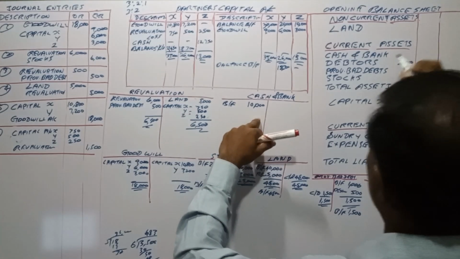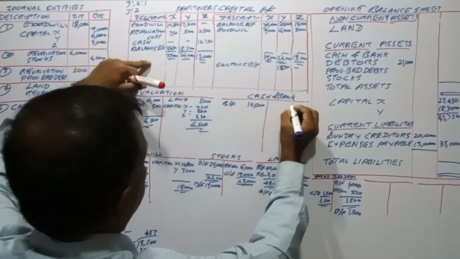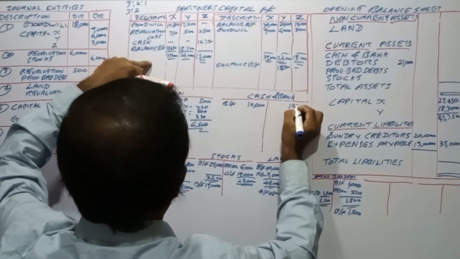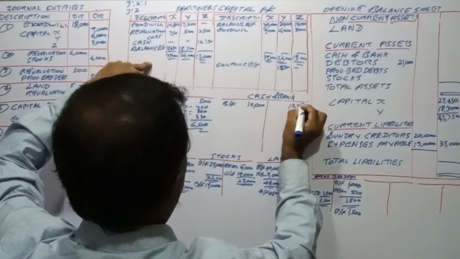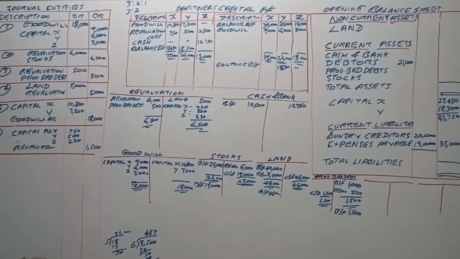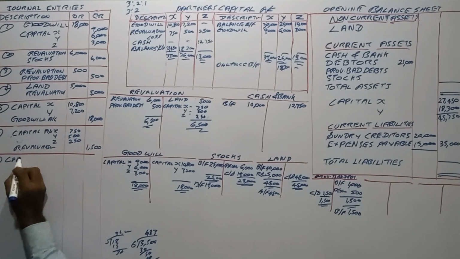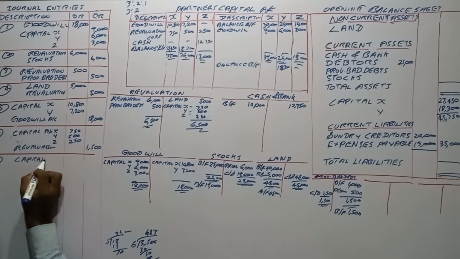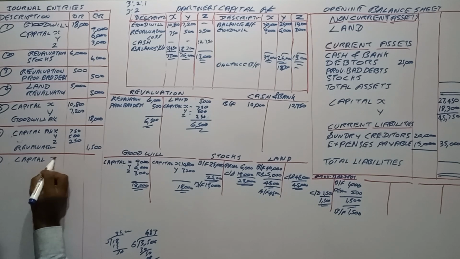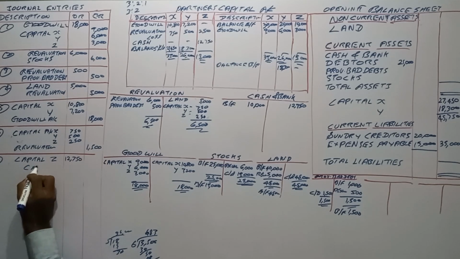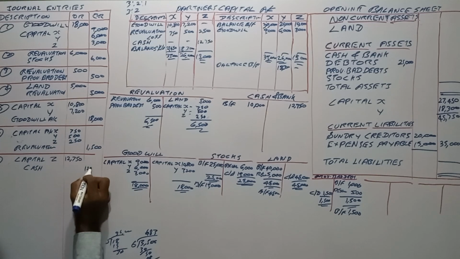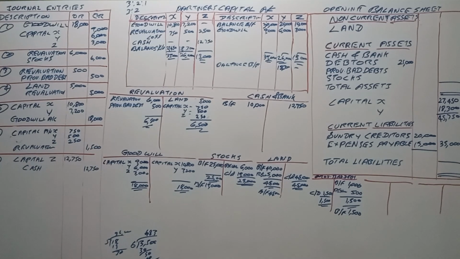The cash balance is 12,750. That means the capital account of Z is debited 12,750, and the cash account credited 12,750.